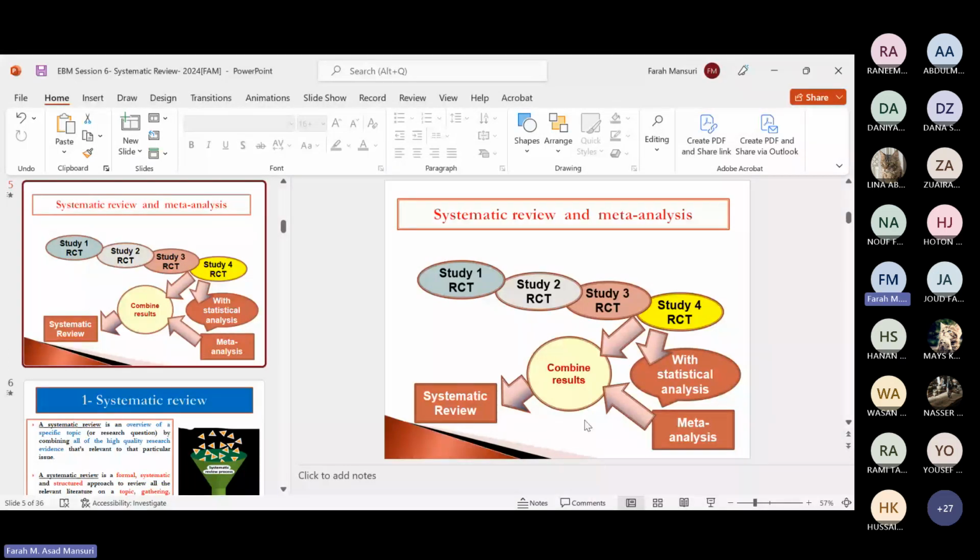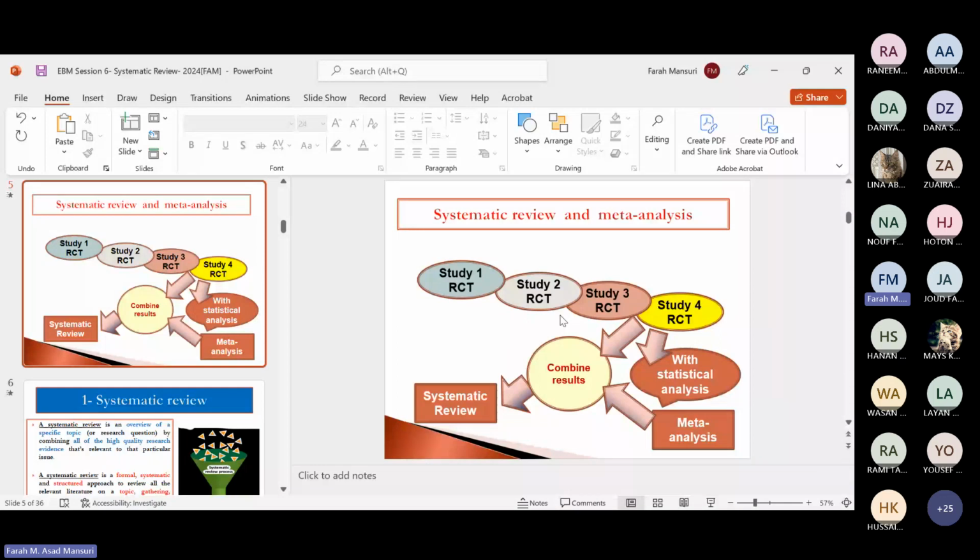These systematic reviews are a type of article which combines the results of different studies. Ideally, we have to take the RCTs for the combination of the results. But it can be other studies, that is case control, cohort, or it can be a combination.